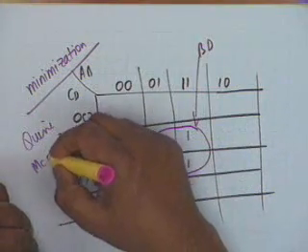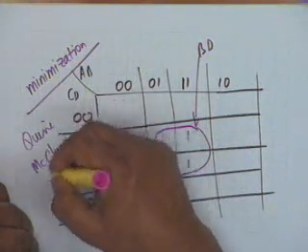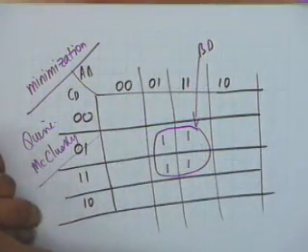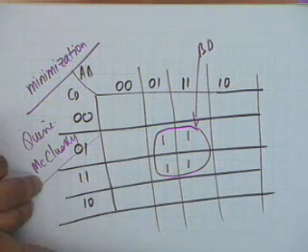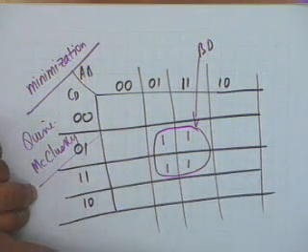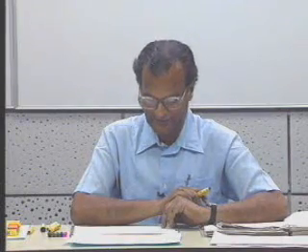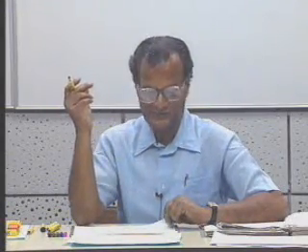Just remember the name, that's all. Quine-McCluskey, C-L-U-S-K-Y. Quine was the supervisor of a professor named McCluskey, who is now in Arizona State University, about 80 years old. So Quine is dead. Quine was his supervisor. But the method is still very popular. There are many other variations of minimization method, and I think that is where we shall close this class.